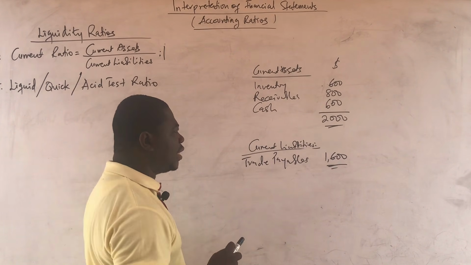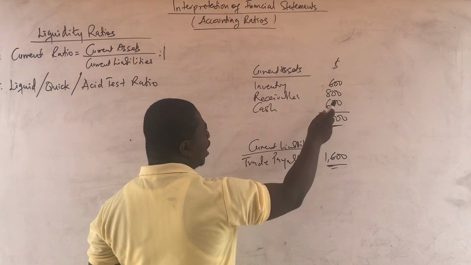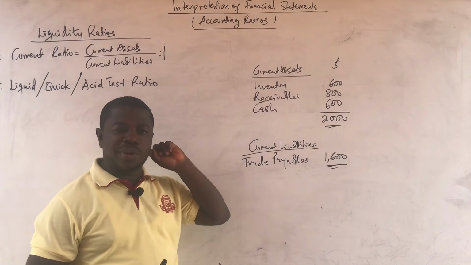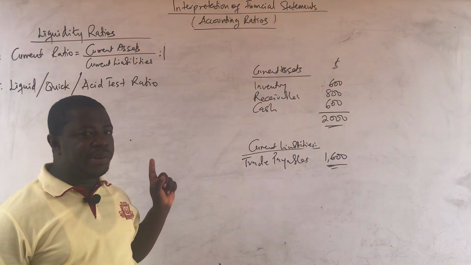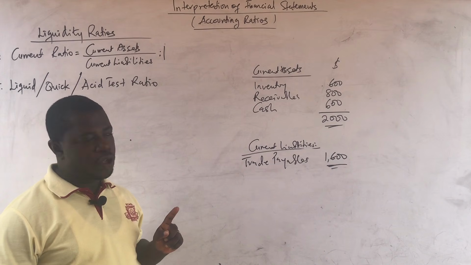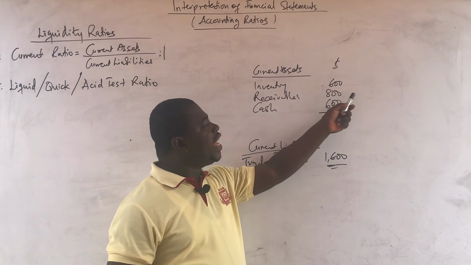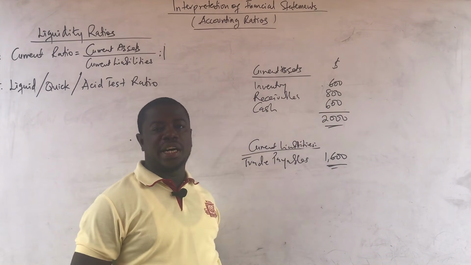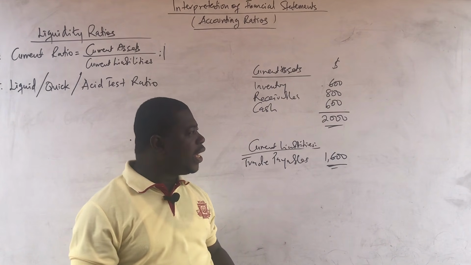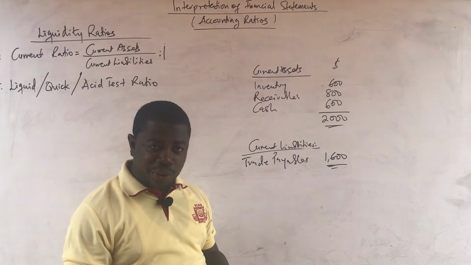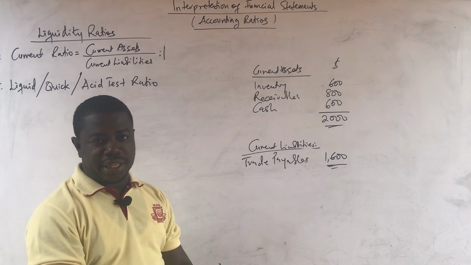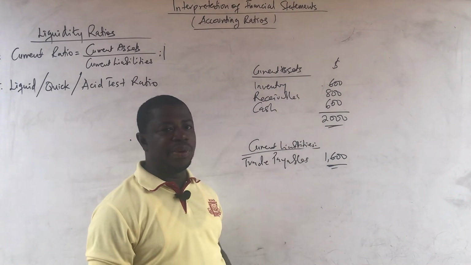Another school of thought is saying that there is inventory in there. Inventory is not cash. We cannot use it to pay, and we are not dealing with barter trade here. Inventory has not been sold and it's there, but it's part of our current assets. So if today we want to look at our very liquid assets that we can use to pay off when our creditors come on us today, we cannot pay with inventory.